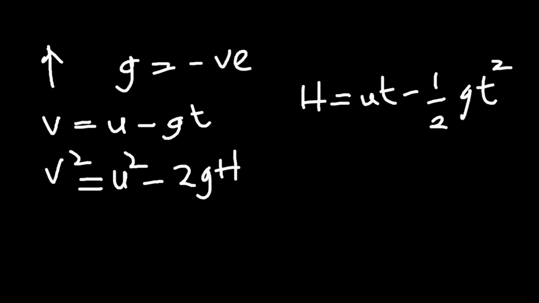The g, that is the acceleration due to gravity, is negative, indicating that the body is trying to move away from the gravitational influence or the gravitational pull of the earth.